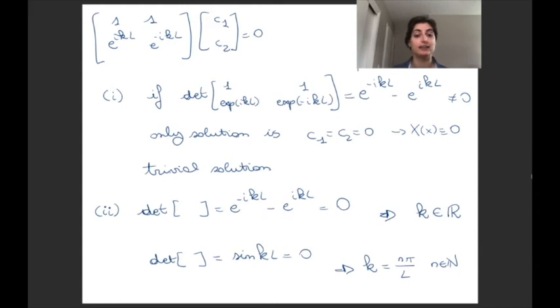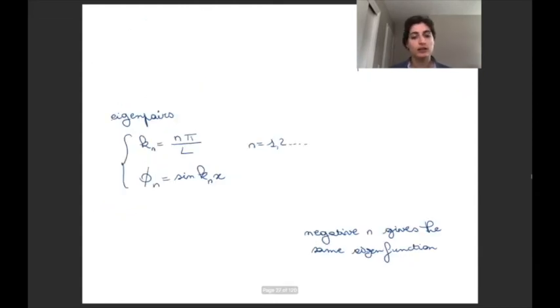Actually, we can take any integer, but it doesn't really matter, because negative n gives the same eigenvalue, because the eigenvalue is k squared, and the same eigenfunction. So we're good. We have found the eigenpair of our problem.